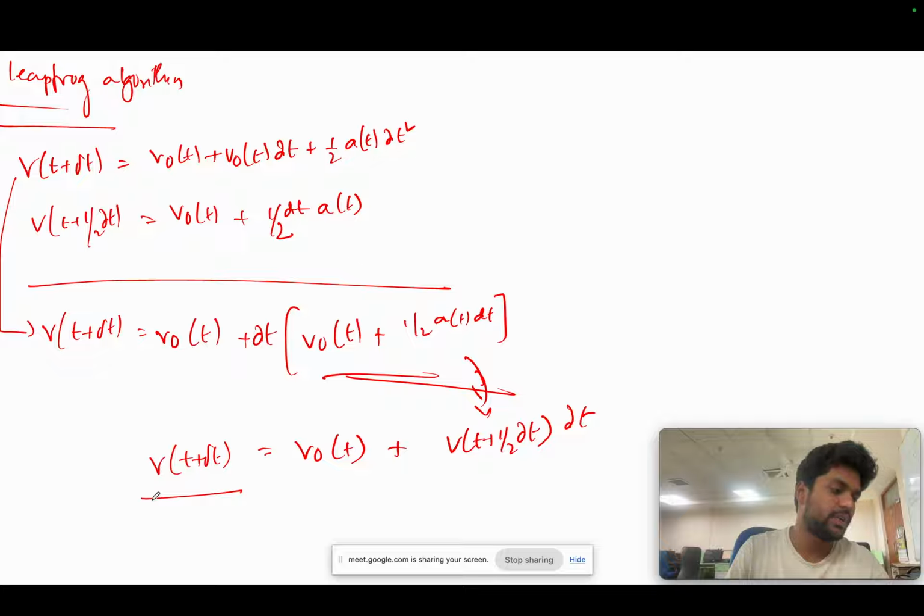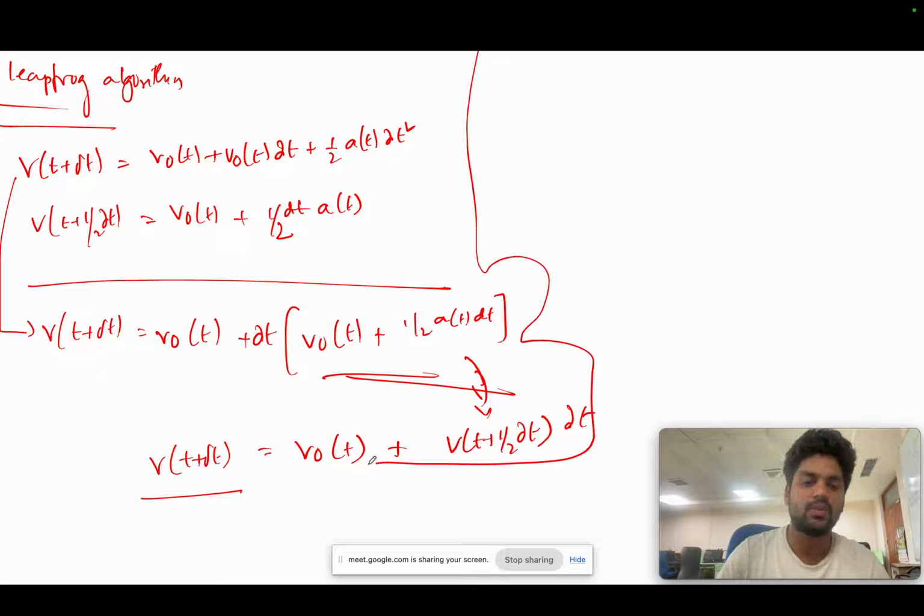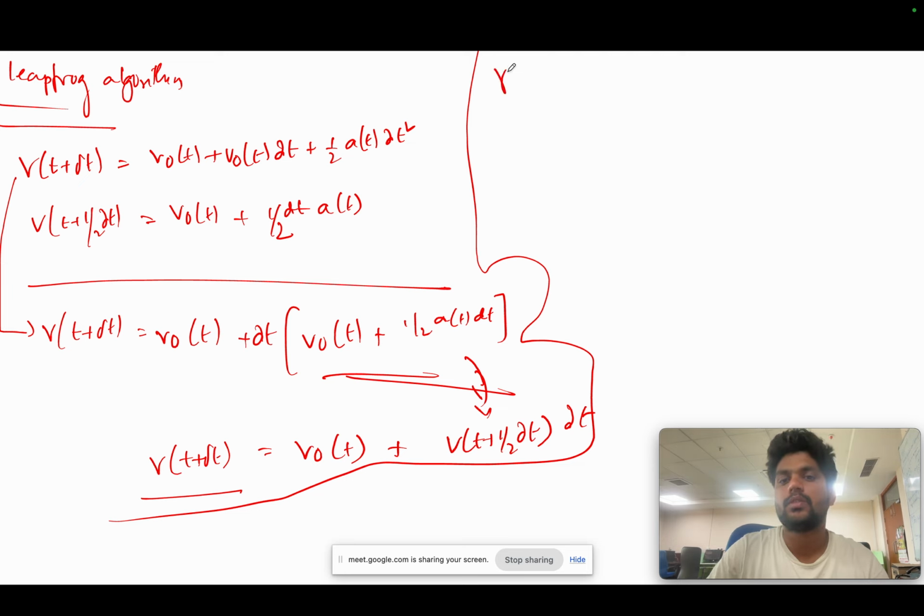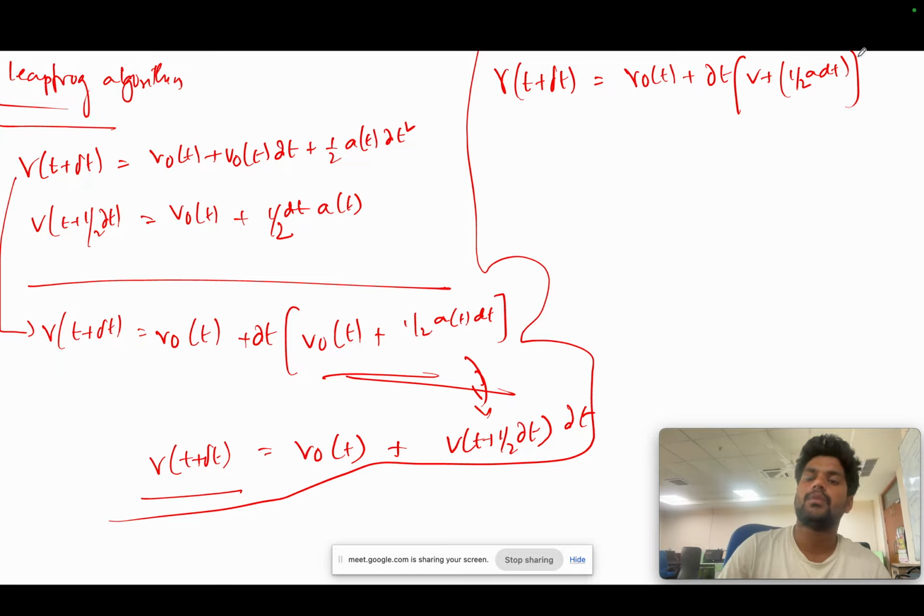So what does this equation say? It has mixed the correlation, correlation of r equals to, so now what will be the value of v plus half dt?